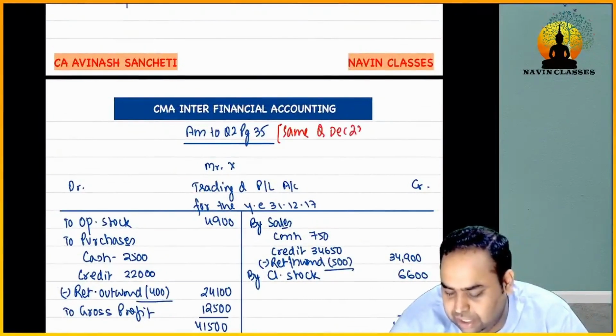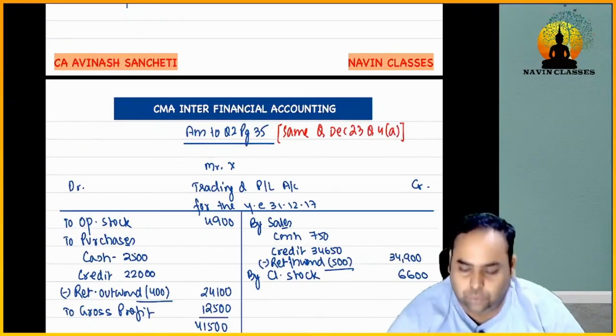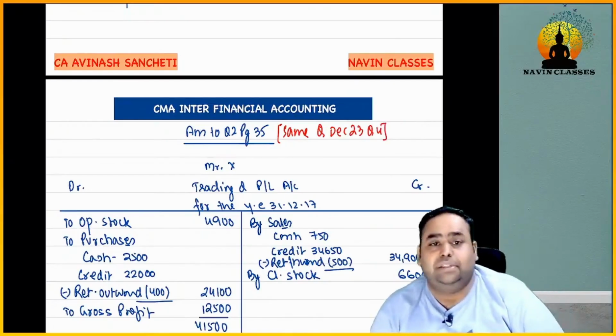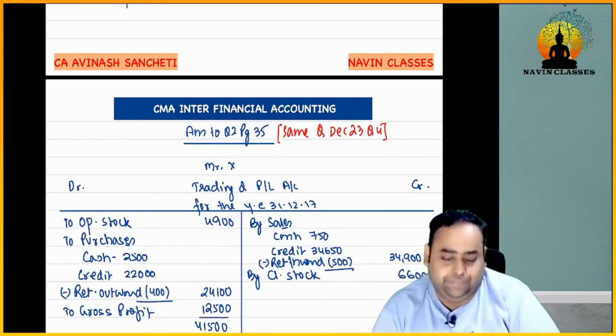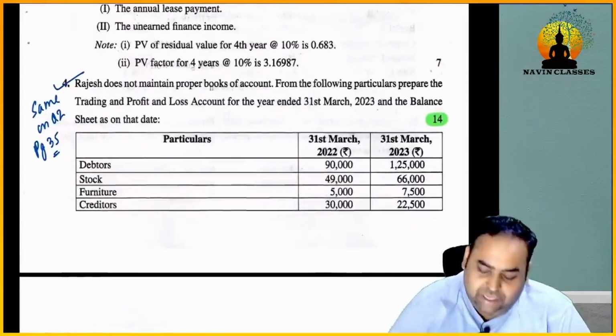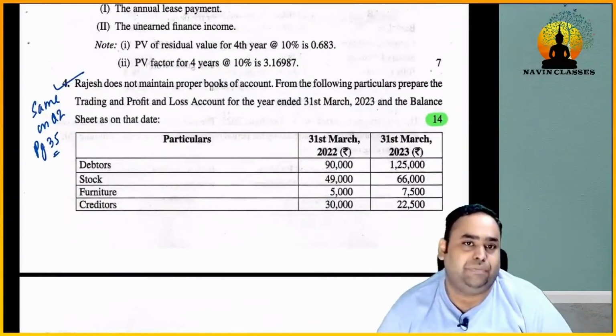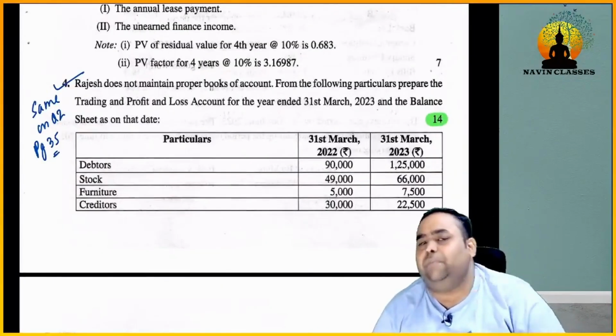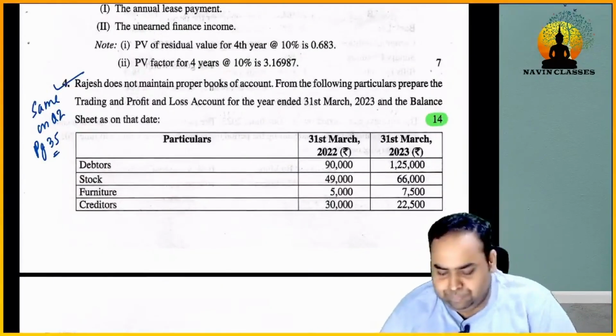December 23, question number 4, of 14 marks. This 14 marks question appeared in exam. Just be confident, study a little bit better and you will be able to easily ace the paper.